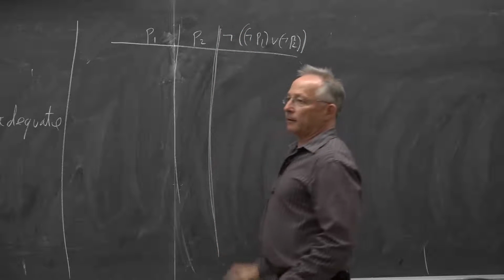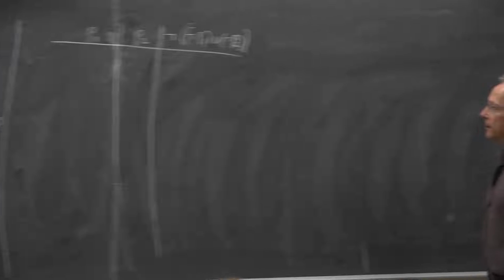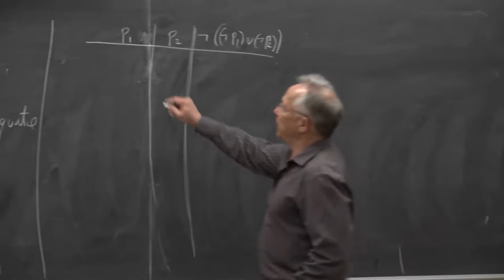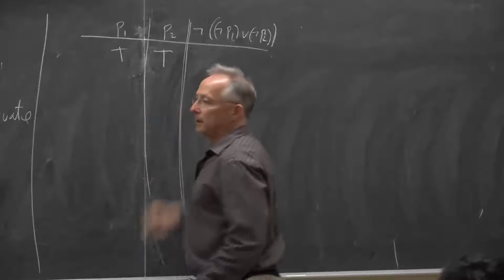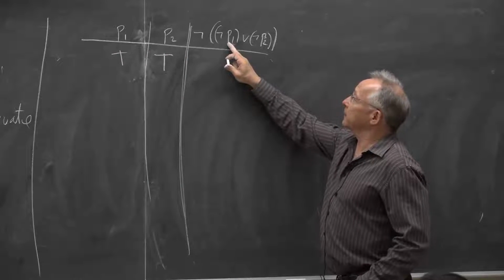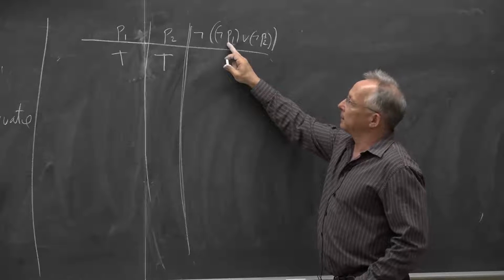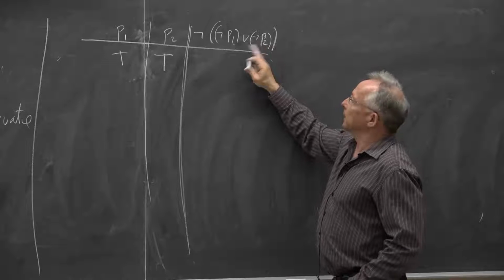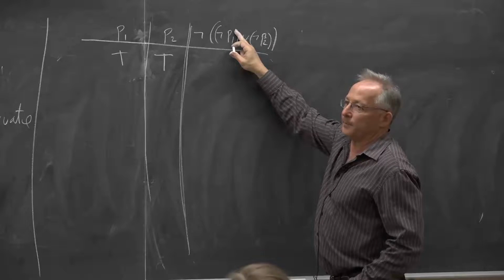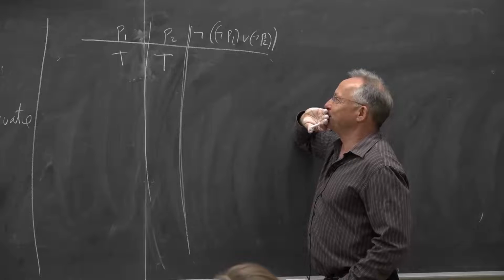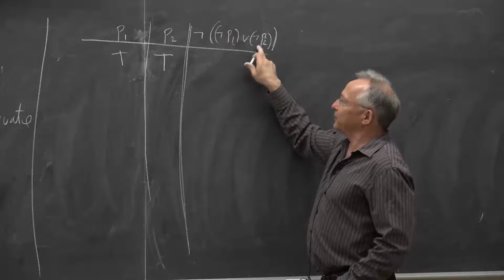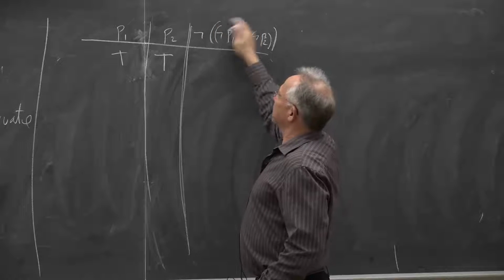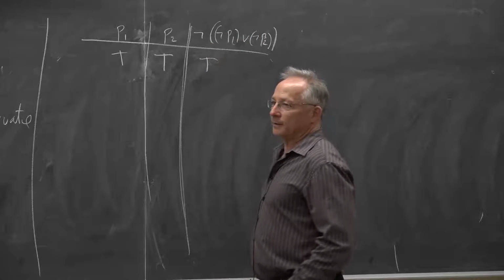So we can just check the table and see that what we get is exactly the same table as the table for AND. Because if both of them are true, then this is false, and this is false, and this is false, so this is true. Sorry. False, false, all of the two falses, I get a false, negation, I get a true.